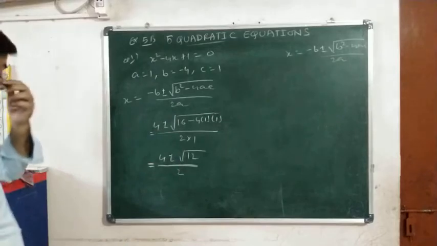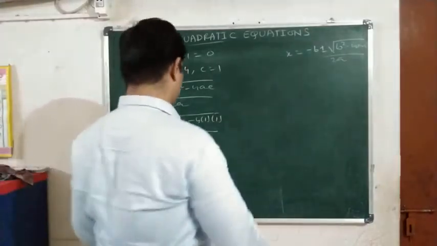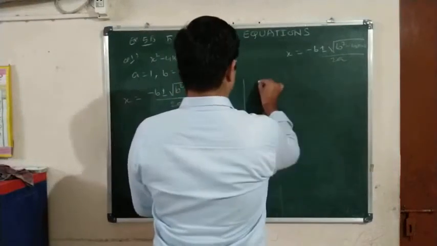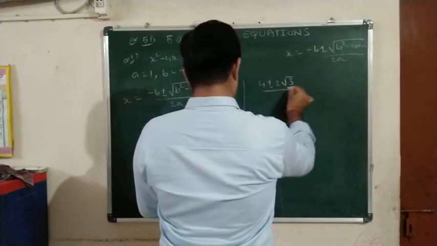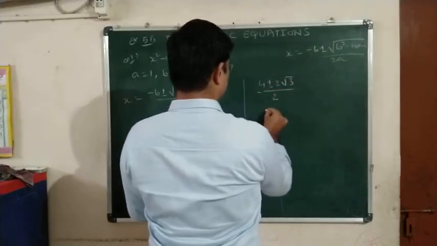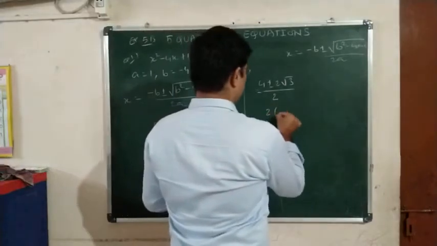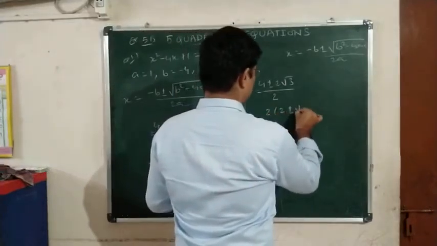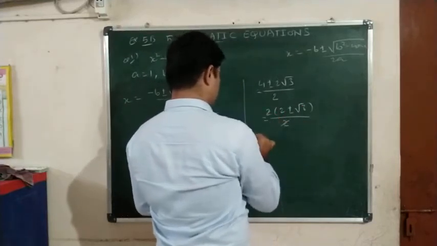Now 12 can be written as 4 into 3, so 2 root 3 we can write for root 12. So 4 plus or minus 2 root 3 upon 2. If you take 2 common from the numerator, 2 into 2 plus or minus root 3 upon 2.